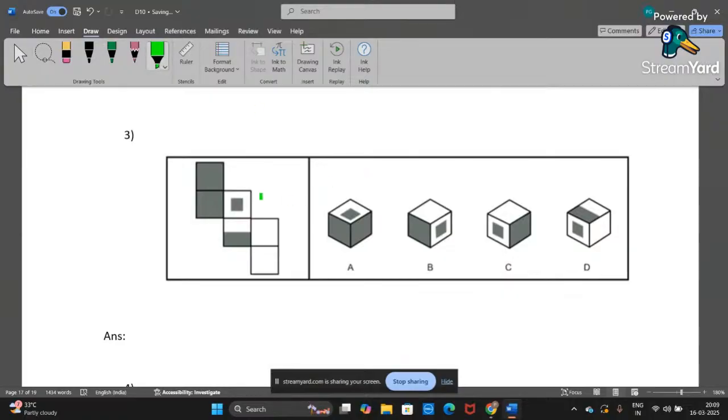Fine for this. See, this one and this one will be connected, right? Then this two and this two.